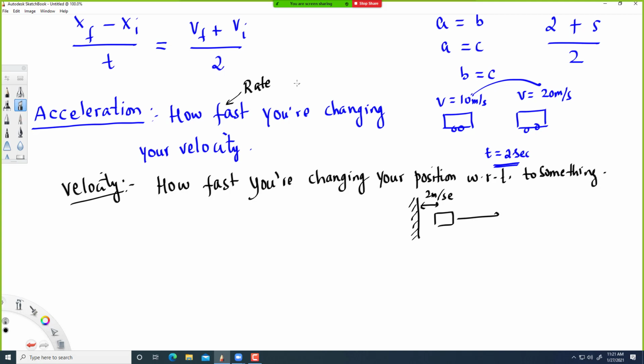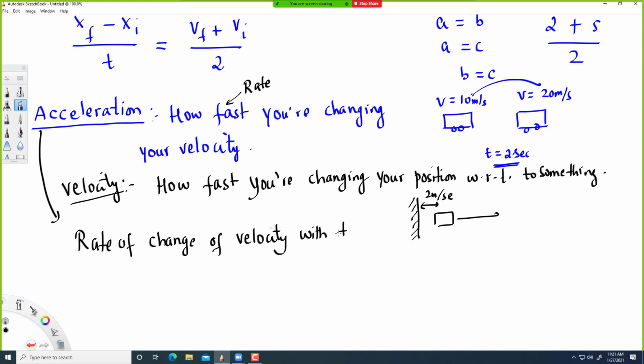Rate of change. So formally we can define acceleration as the rate of change of velocity with time. In mathematical form, acceleration is the change in velocity over some time.